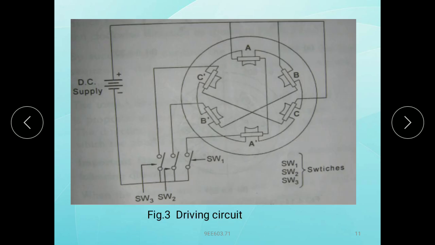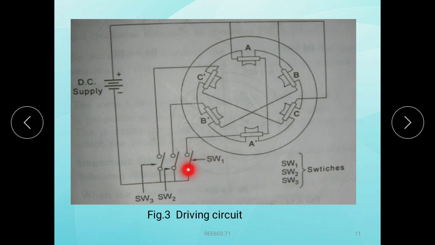See here, for the DC supply, A dash in series, B dash in series, C dash in series are connected in series with the switches.